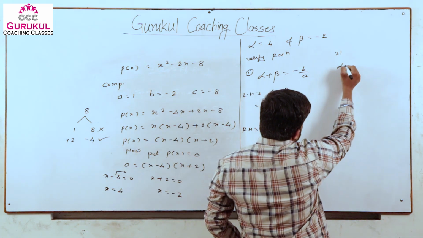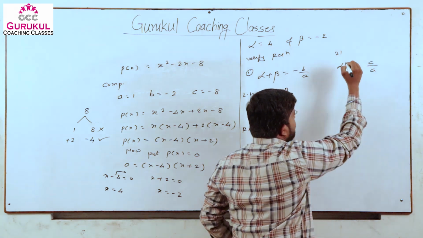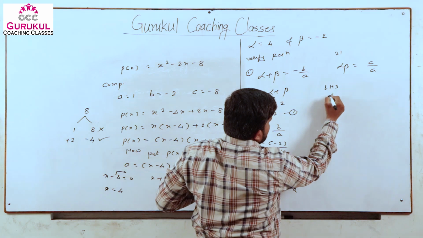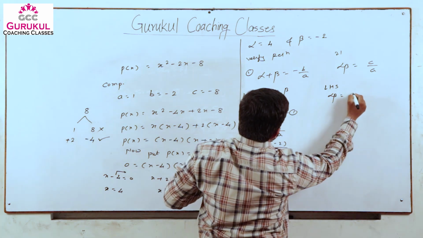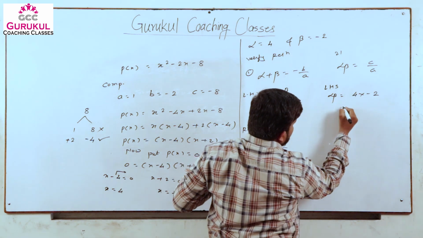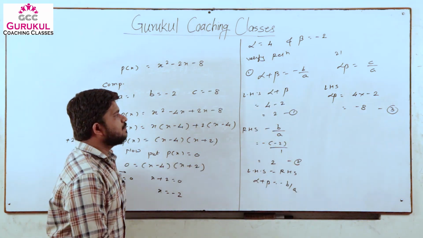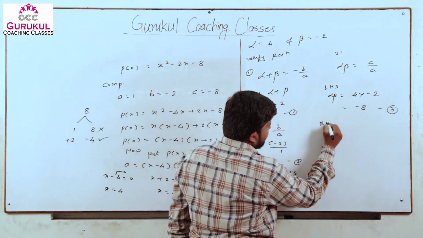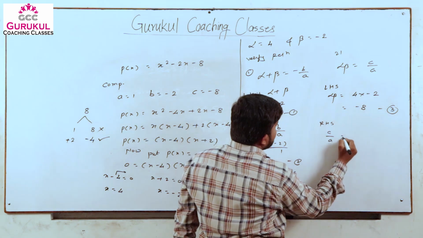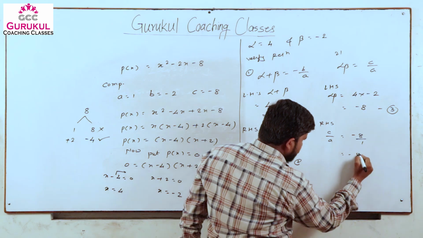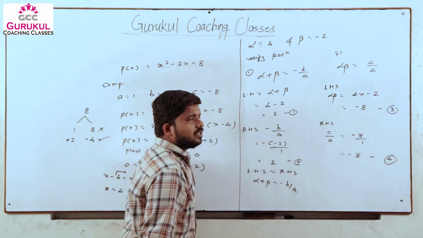Second relation, product of zeros is equal to c upon a. LHS, alpha into beta: 4 into minus 2 is minus 8, equation 3. RHS, c upon a: minus 8 upon 1 is equal to minus 8, equation 4.